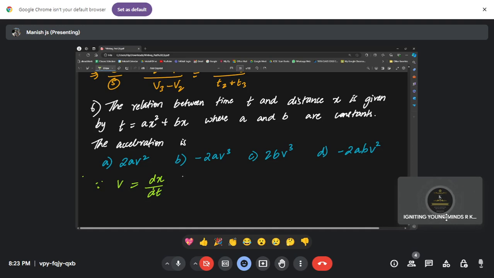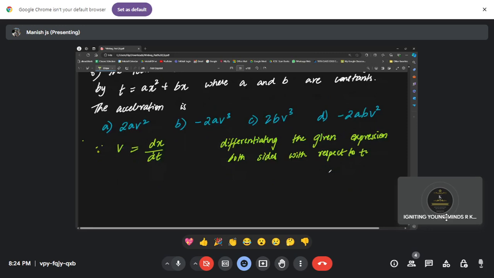So let me bring in the displacement term here. Differentiate both sides with respect to t. You differentiate, children, the given expression. You have t is equal to ax squared plus bx.